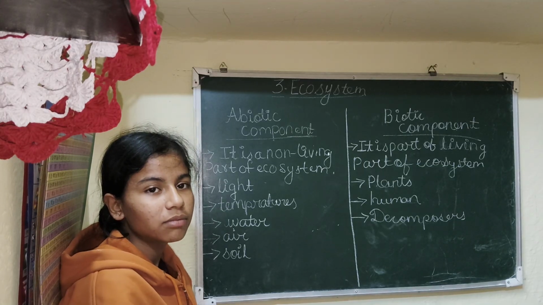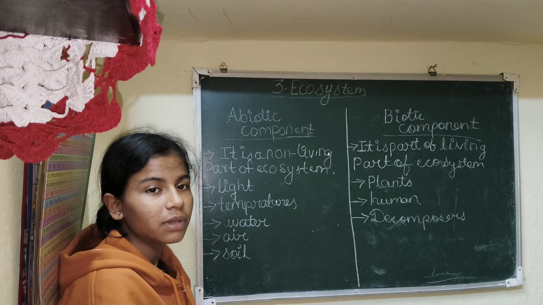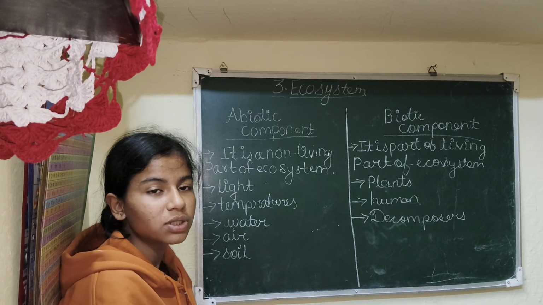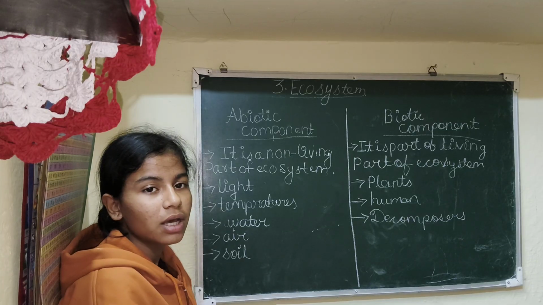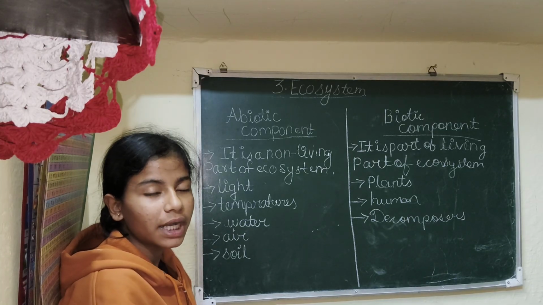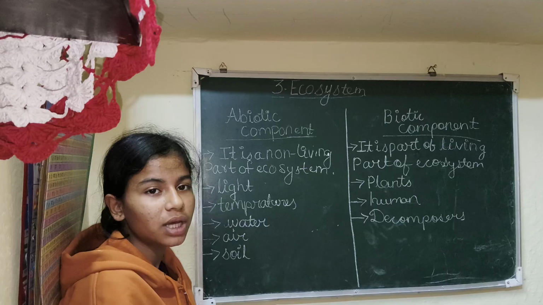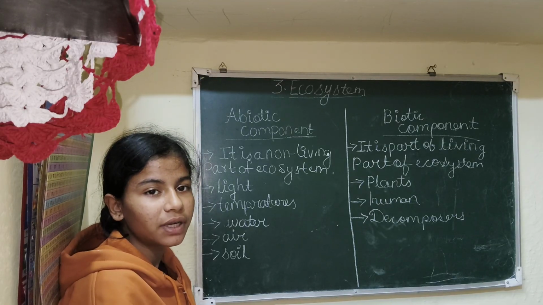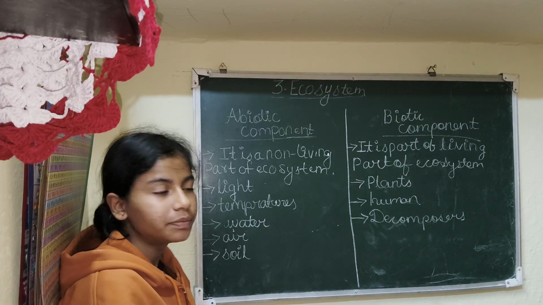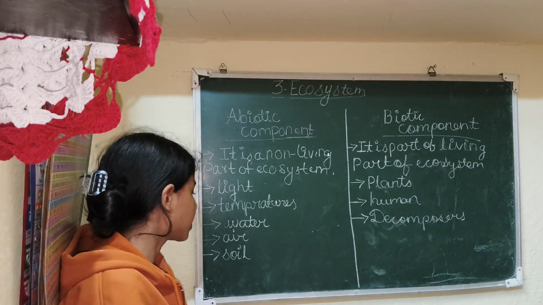In the air, oxygen is there, carbon dioxide is there, nitrogen is there, and nitrogen is also important because it is converted by nitrifying bacteria, which help the soil to become fertile and help plants make their own food by photosynthesis.